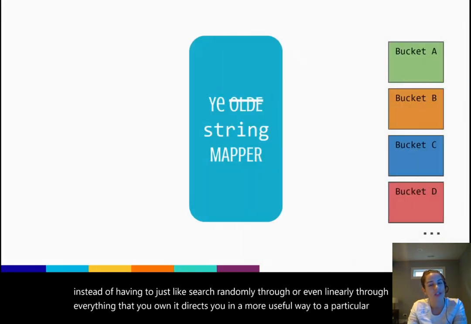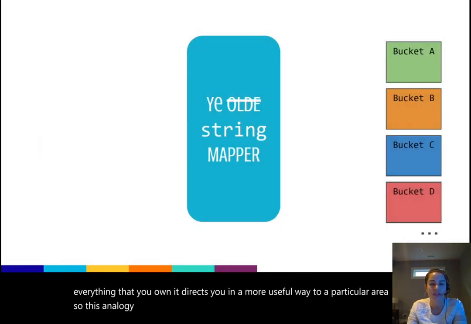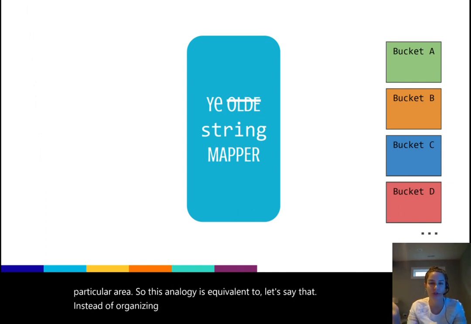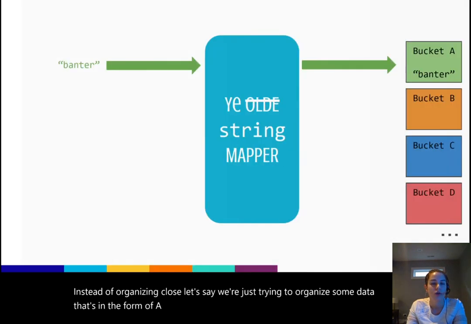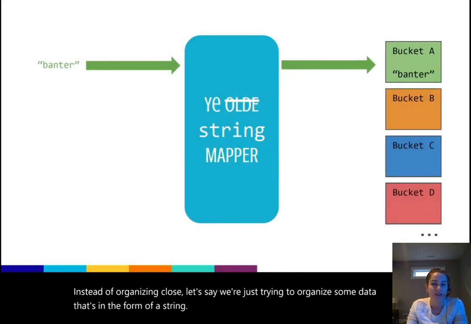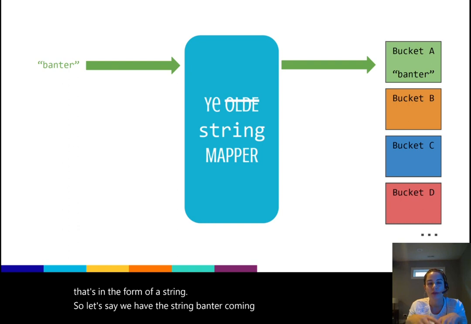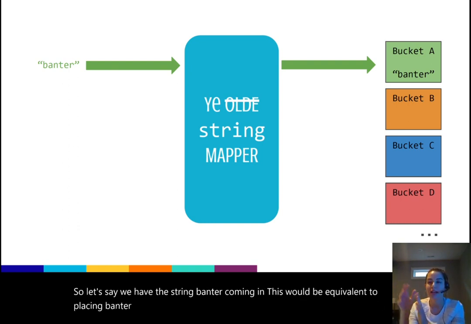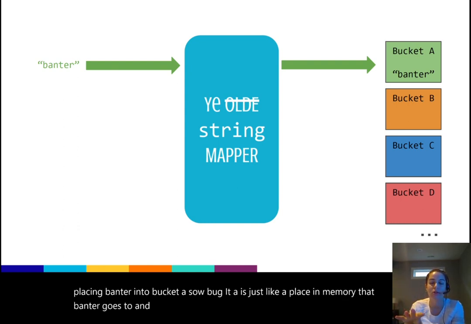This analogy is equivalent to, let's say that instead of organizing clothes, we're organizing some data in the form of a string. Let's say we have the string banter coming in. This would be equivalent to placing banter into bucket A. Bucket A is just a place in memory that banter goes to, and the mapper is able to connect the word banter to its bucket.